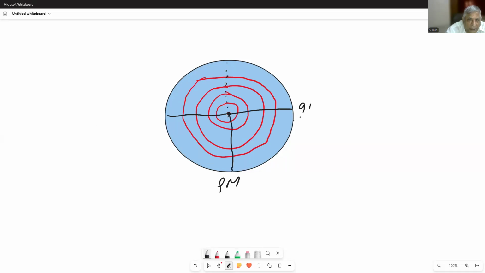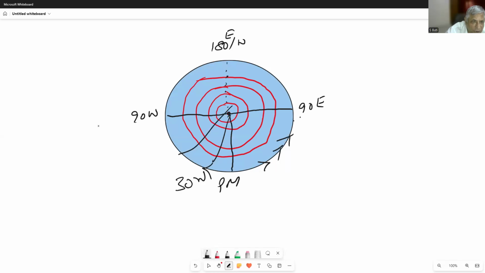Then this will be 90 east, 180 east and west. That is your anti-meridian. And this will be 90 degrees west meridian. These are the longitude meridians east, and these are the meridians west.